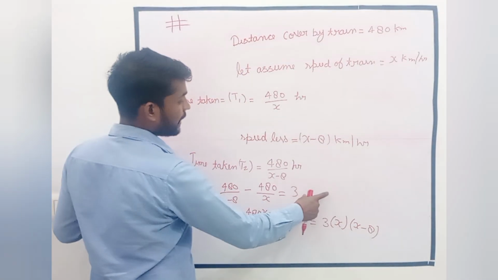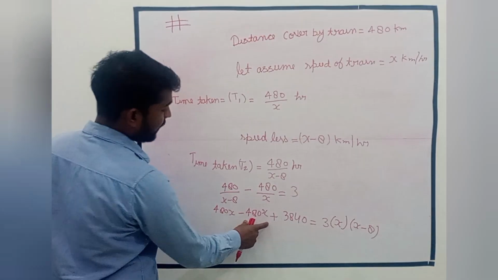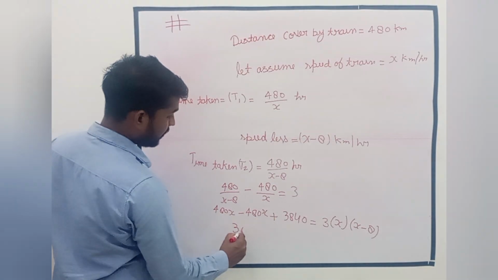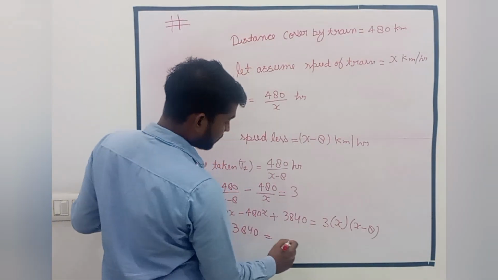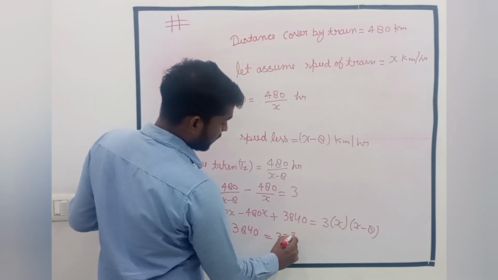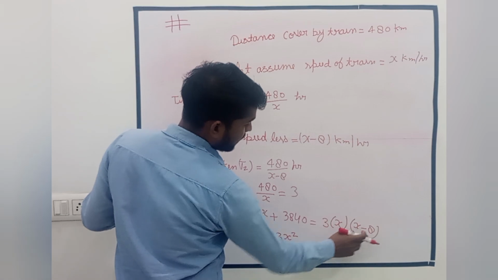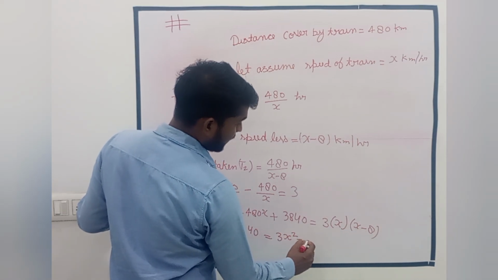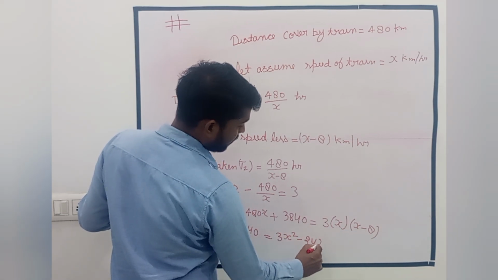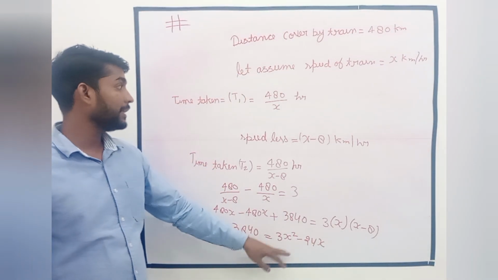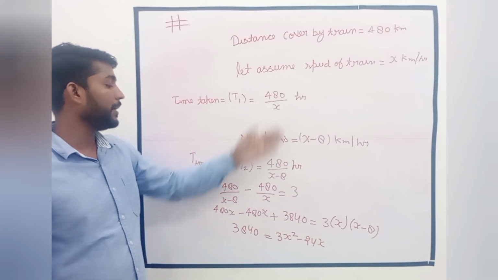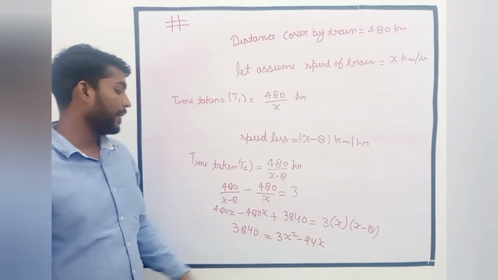The denominator part is transferred to this side, and these cancel out, and this will become 3x square minus 24x. This is the quadratic equation representing the speed of the train in the form of x.